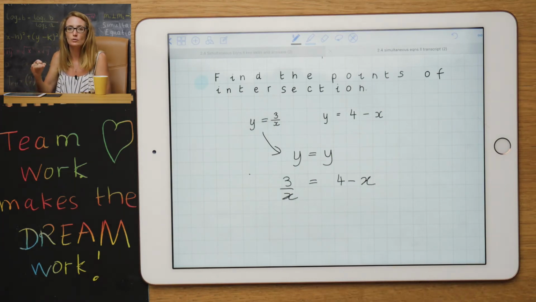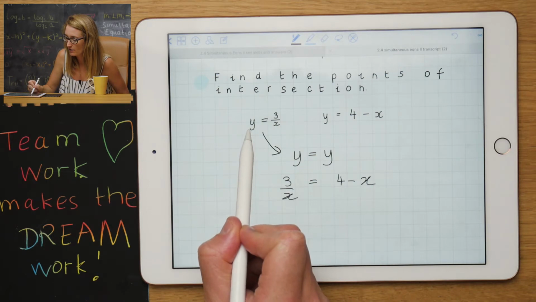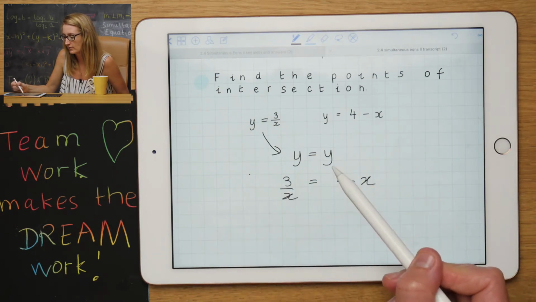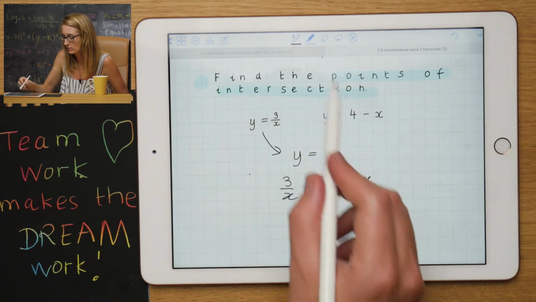So when those 2 graphs cross over, they must have the same x and the same y. We're saying the y coordinate from this graph will be the same as the y coordinate from this graph at the point of intersection where they cross over.